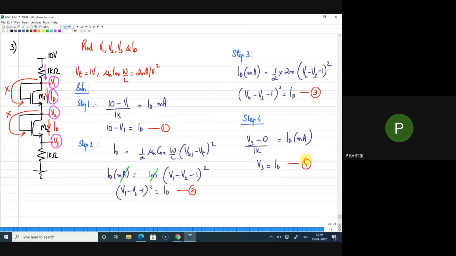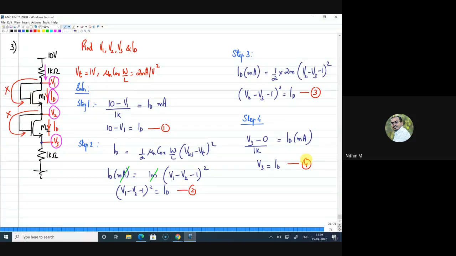If you get values of ID for which VGS is less than VT, that means your assumption is wrong and it's in cutoff. If starting with an assumption you end up without proving it, that means the case you assumed is not correct, and you have to go for the second case. Yeah, that way you can do. Okay, sir. Thank you, Karthik.